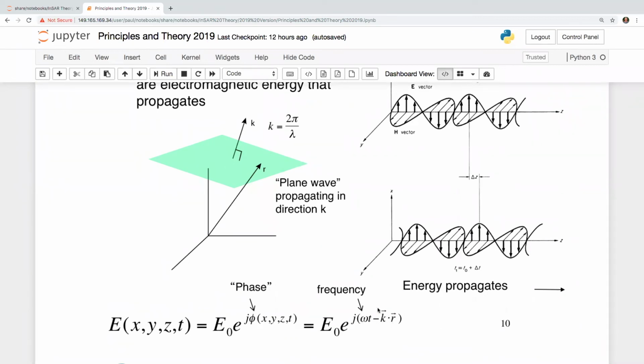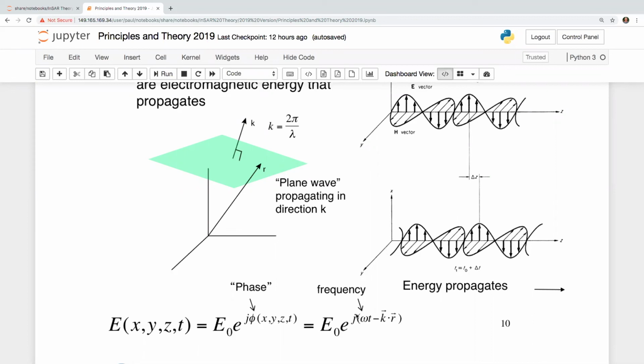So this form of an expression is basically a plane wave because k dot r represents a constant phase wherever r projected into this direction is constant. So the phase on this teal surface here is a constant. And by virtue of this time and space relationship, what this equation is telling you is that the electric field vector is oscillating in time, and it's oscillating in space.